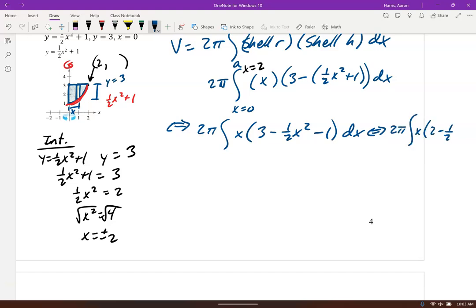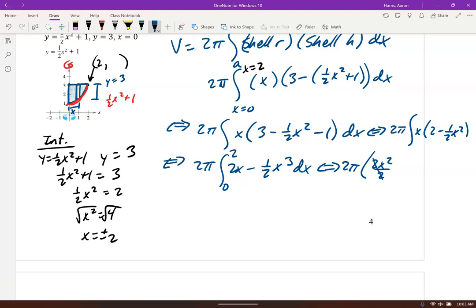Two minus 1/2 x squared. Two x squared over 2 minus, now that'll be x to the 4th over 2 times 4 is 8.